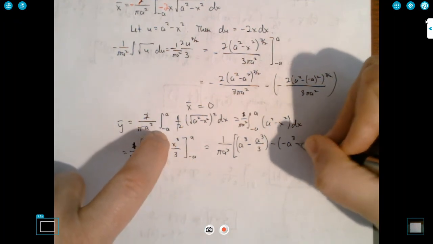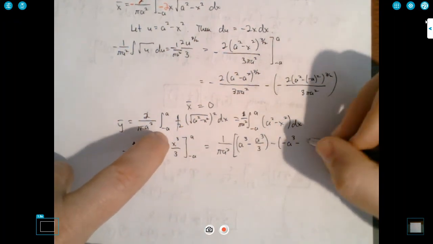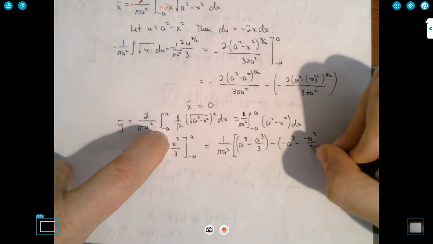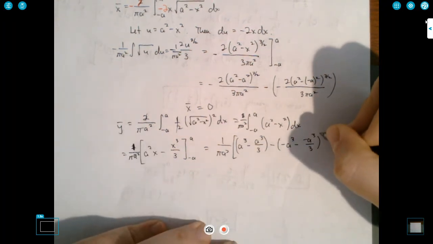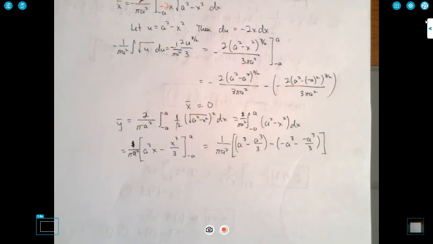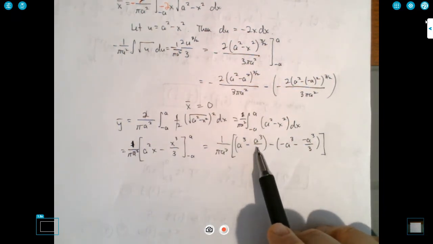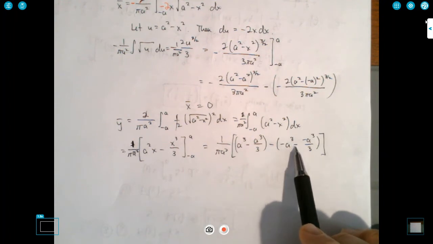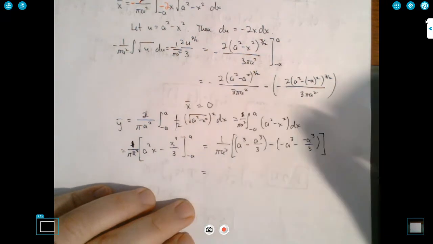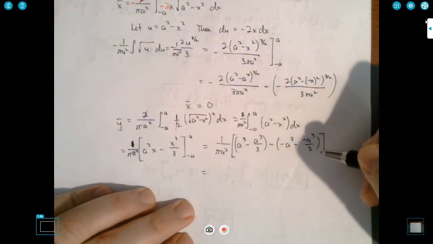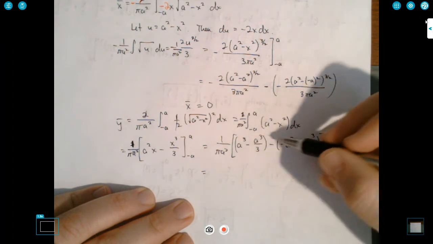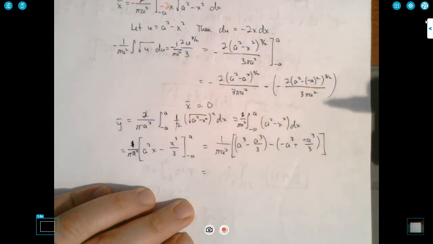And minus negative a cubed over 3. So that's really a cubed plus a cubed. And then negative a cubed minus a cubed. Okay, so many negatives, but these two will cancel. And then this negative makes it negative again. So it's a negative a cubed minus an a cubed. Negative a cubed over 3 minus a cubed over 3.